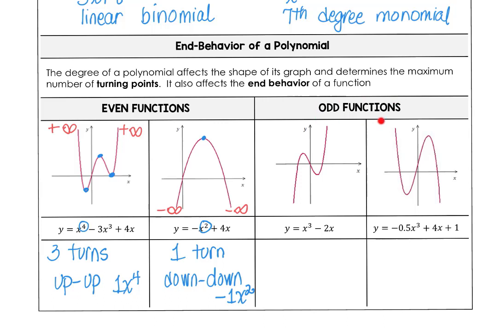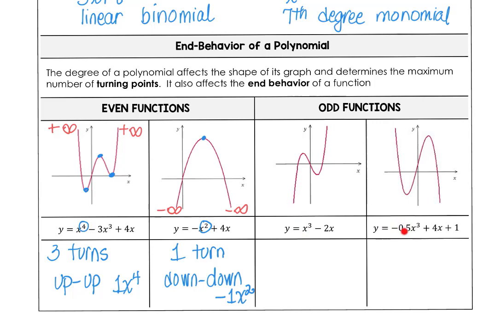Let's look at the odd functions. When the power is odd, the behavior is the opposite. If it starts low, it'll end high. If it starts high, it will end low on an odd-powered function. When the leading coefficient is 1, you start low, end high.